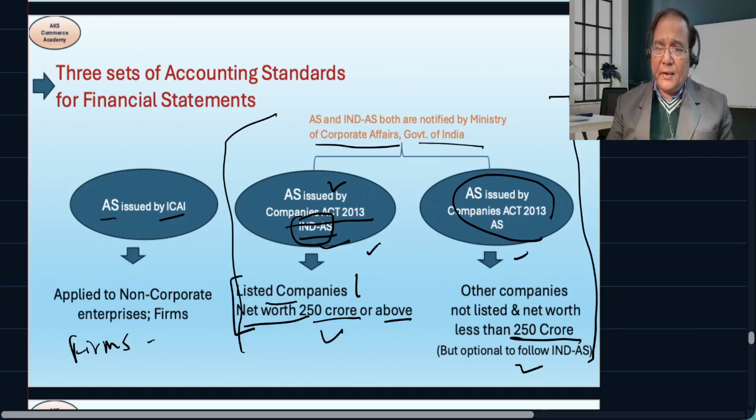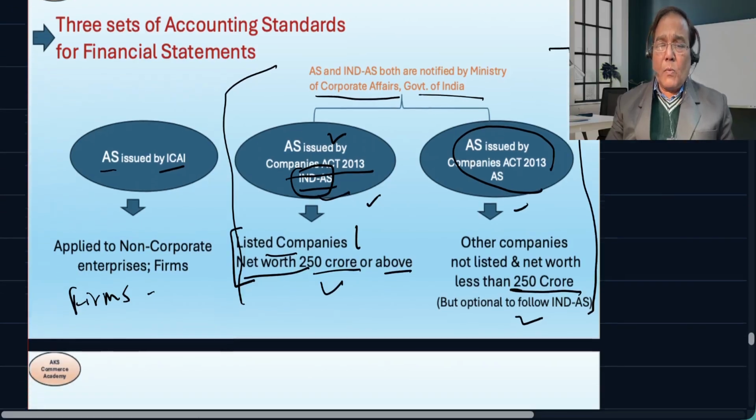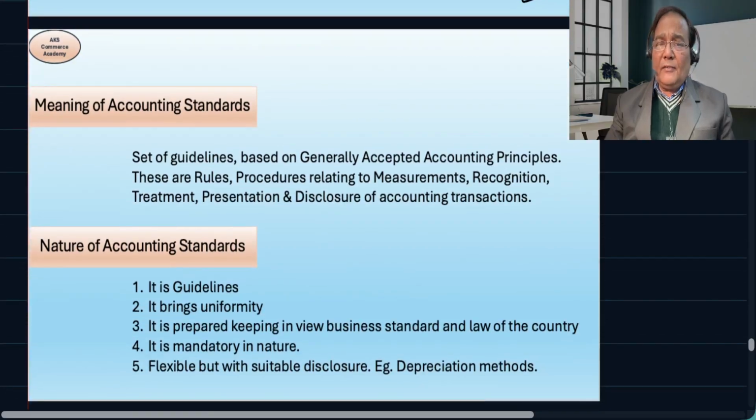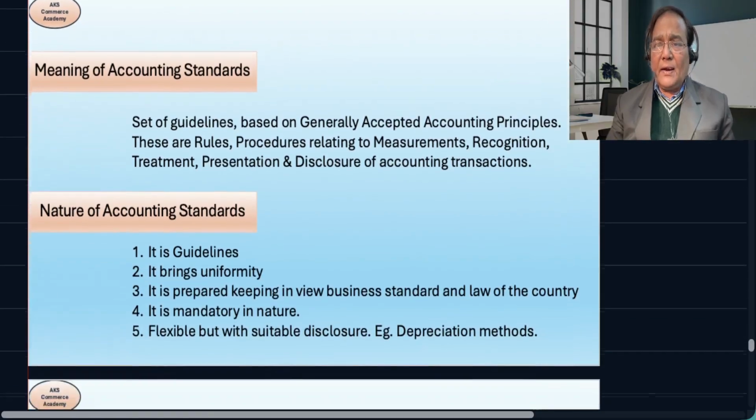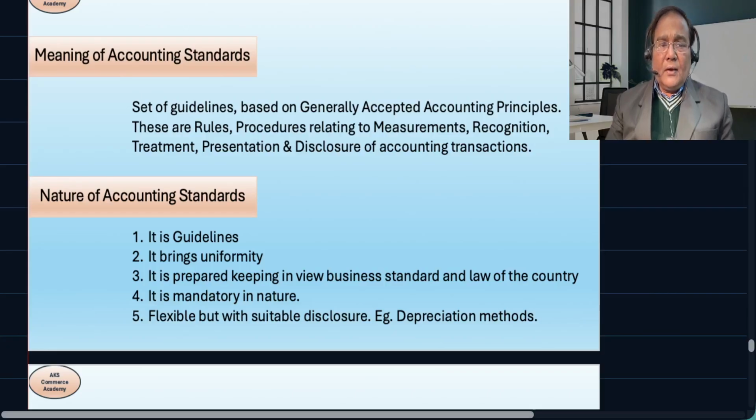Now let us see the next one. The meaning of accounting standard. By and large, we have covered it, but still, it is a set of guidelines based on generally accepted accounting principles.